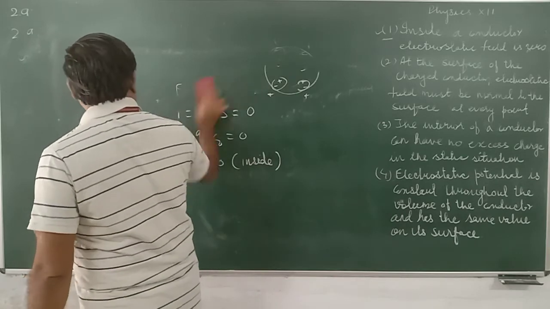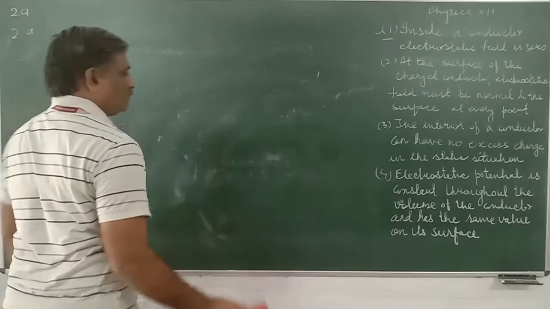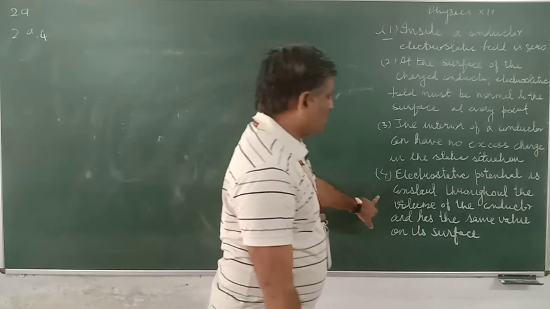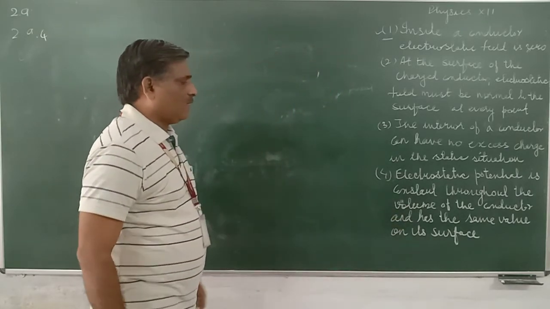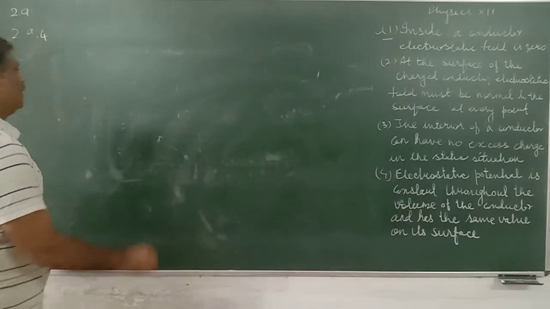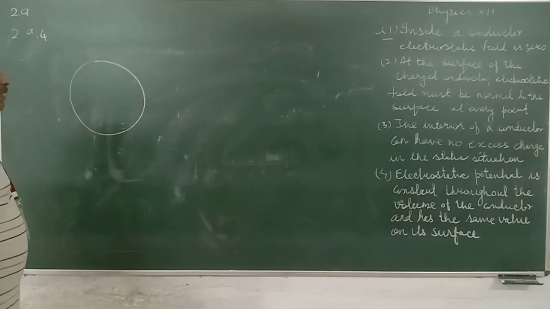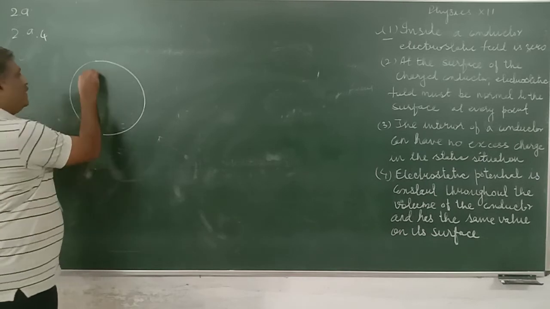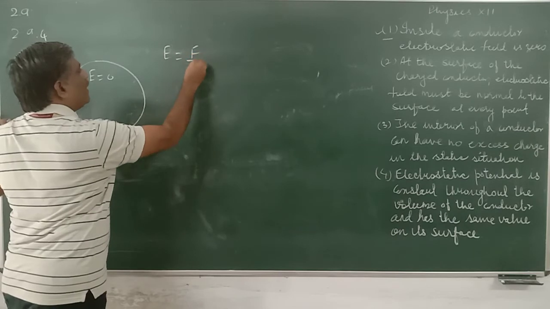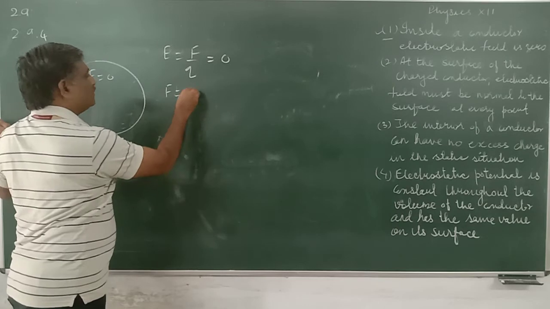2.4. Electrostatic potential is constant throughout the volume of the conductor and has the same value on its surface. Inside, this is the conductor. Now inside, E is equal to 0. E is nothing but F by q. Therefore, F is equal to 0.